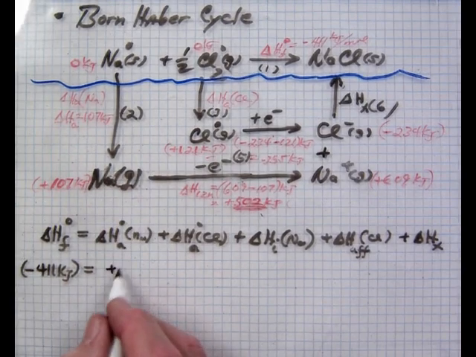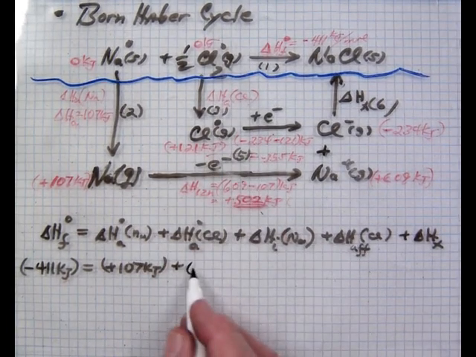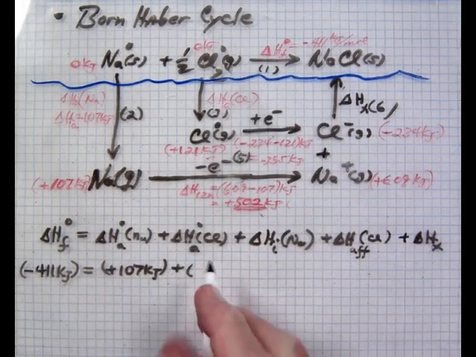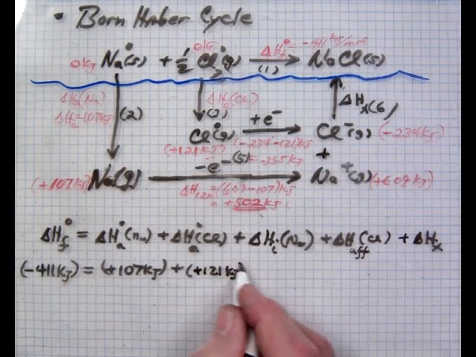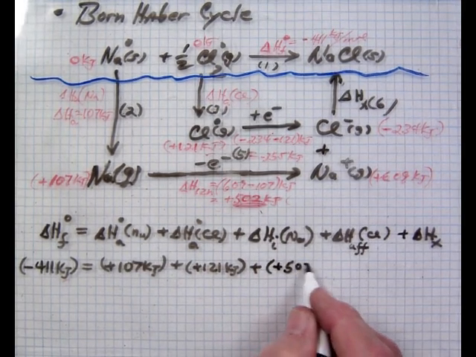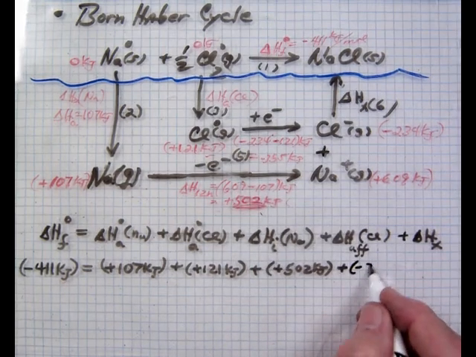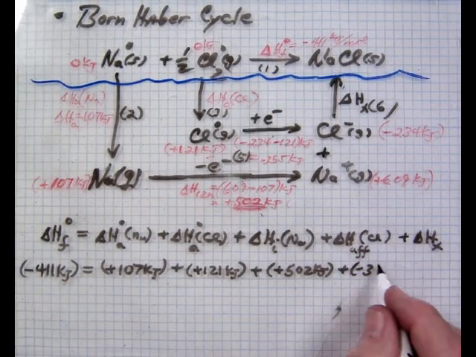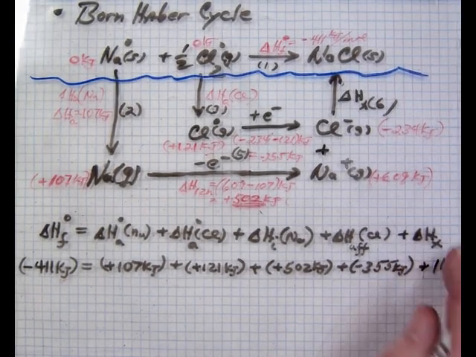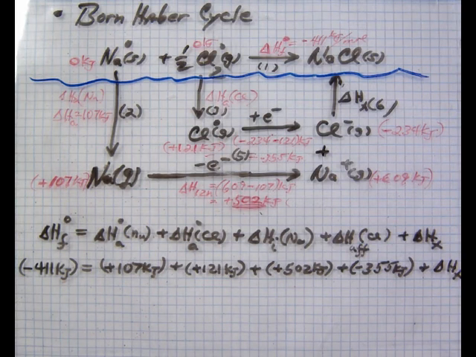This one is a plus 107 kilojoules, plus 121 kilojoules, plus the sodium ionization, 502 kilojoules, plus the affinity, minus 355 kilojoules, and solve for delta H_X. Everybody following kind of what I'm doing?